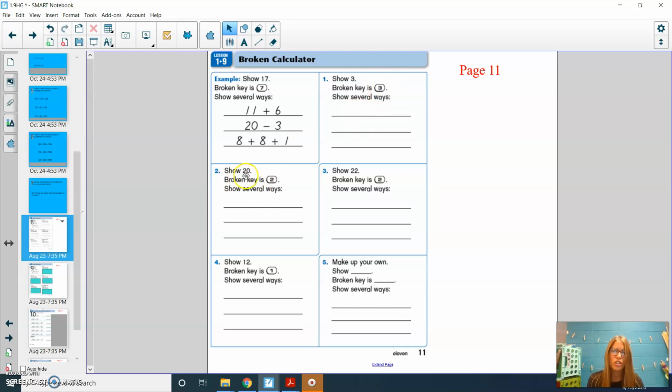For number 2, showing 20, but not using a 2? Showing 22 without a 2, showing 12 without using the 1 key, and then for number 5, you can make up your own. So if you can complete this page and then press play when you're ready to talk about some answers. Press pause now.